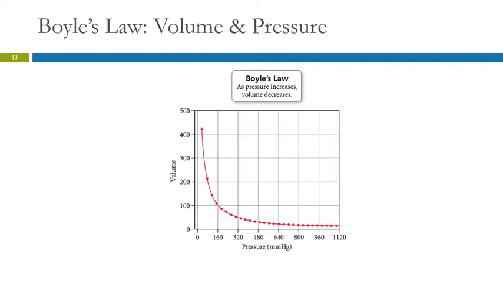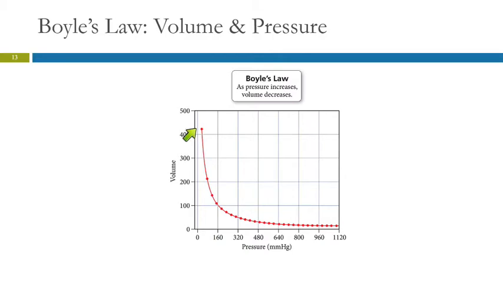So scientists like to graph data, and we don't do this just to be perverse or confusing. We actually do this because it's easier to see what's going on when you look at the relationships on a graph rather than just looking at numbers. So here's the volume of the gas as the pressure changes.